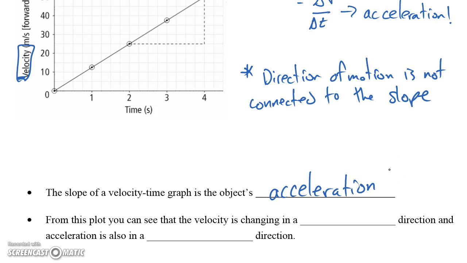From this plot, we can also see that the velocity is changing in a positive direction. The velocity goes from 0 to 12.5 to 25 to 37.5 to 50. So it's changing in a positive direction. And the acceleration, well, the slope of the line is positive. So the acceleration is also positive.